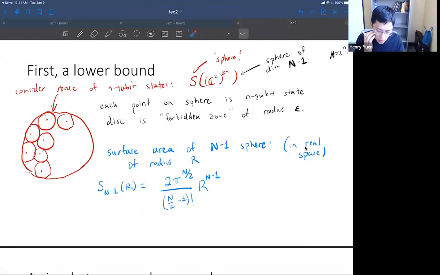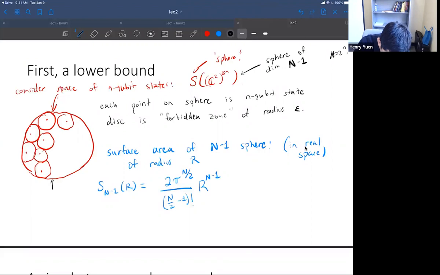Each of these little disks, they're not spheres, they're like little caps. Like you took the globe and drew a radius on the globe. It's not a sphere per se, but the surface area of the disk, I claim, is at most the surface area of the sphere of radius epsilon. If you just picture it in your head, it should hopefully make sense.